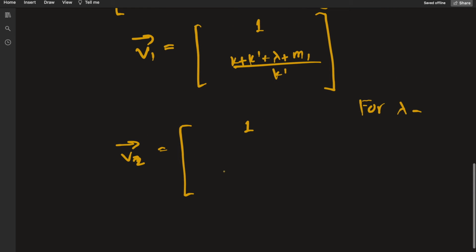So this becomes 1, (k plus k prime plus lambda minus m1) over k prime.